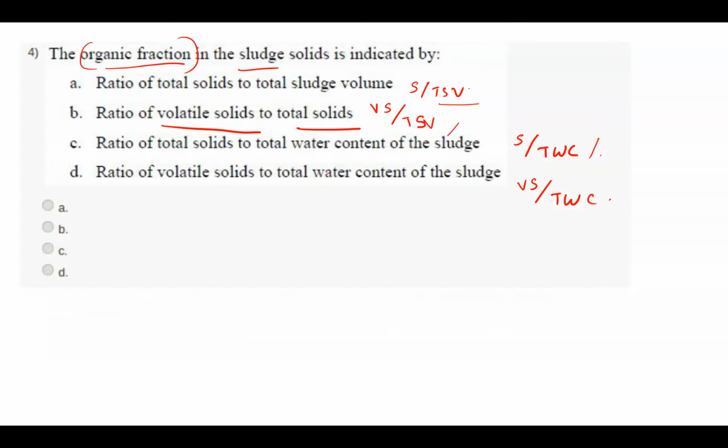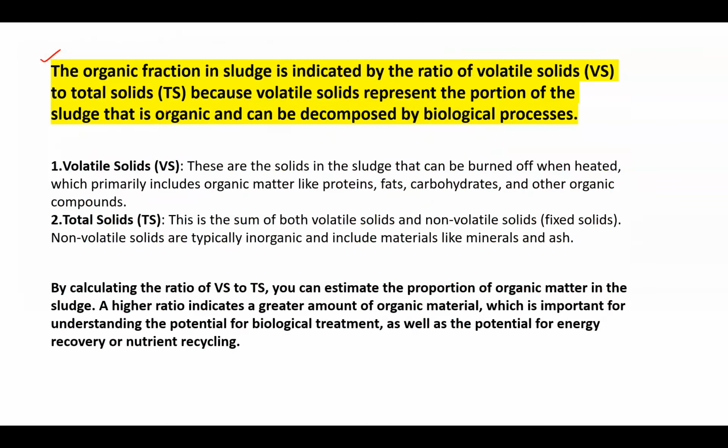So the organic fraction in the sludge is indicated by the ratio of volatile solids to the total solids, because volatile solids represent the portion of sludge that is organic and can be decomposed by biological process.